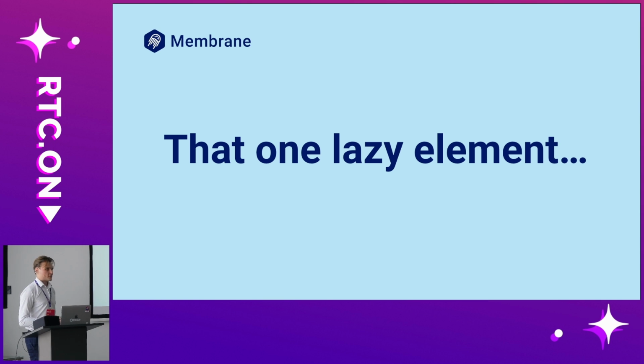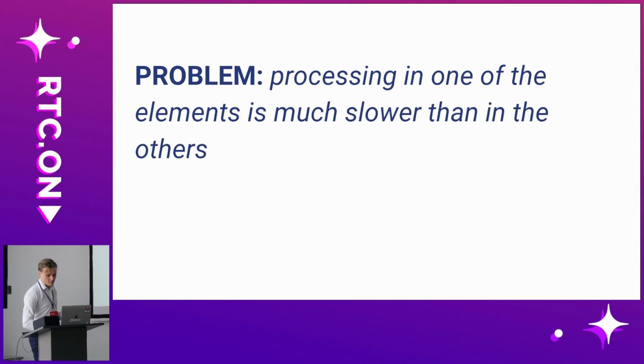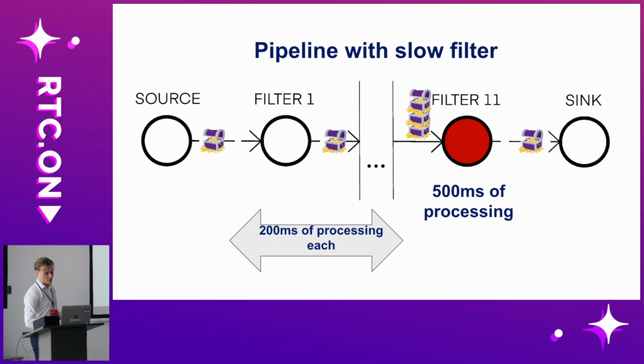However, it was a perfect situation. All the processing was perfectly synchronized. And it does not happen in real life. In real life, we almost always have this one lazy element that is processing much slower than the others. So here is a visualization of this problem. We can see that the last filter, the 11th filter, is now processing a buffer within 500 milliseconds.